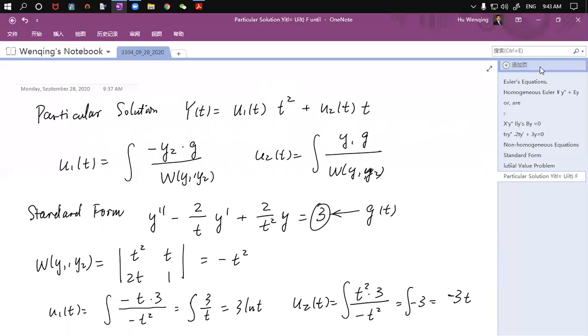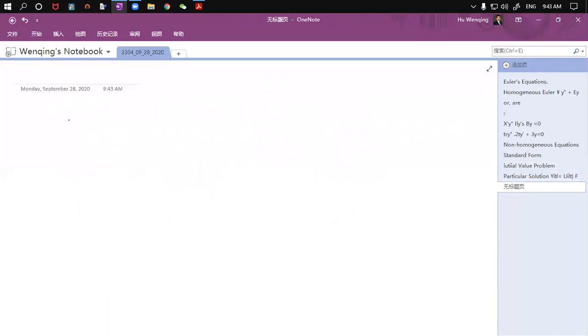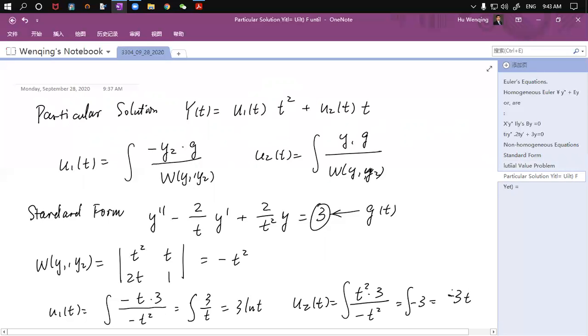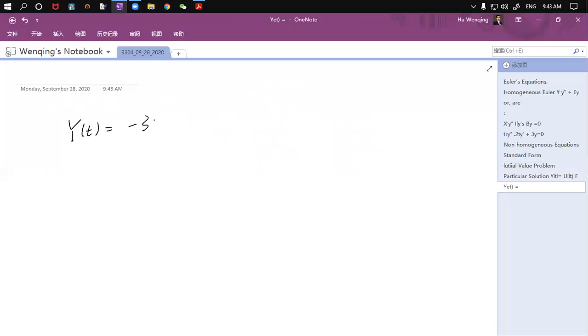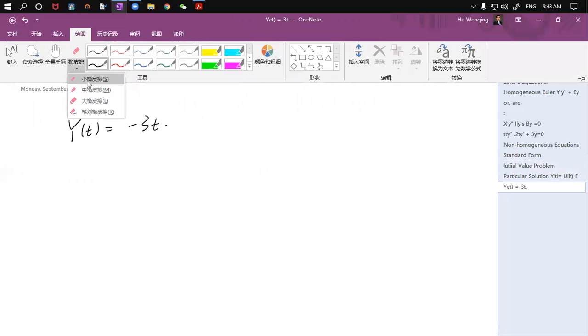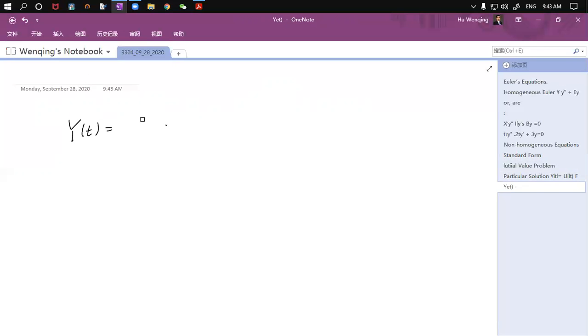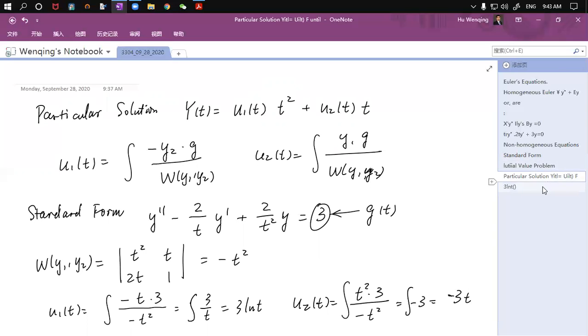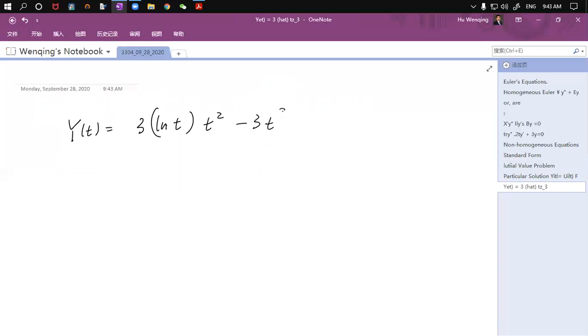As long as you have u1 and u2, you know that the particular solution, capital Y of t, is u1 times y1 plus u2 times y2. The u1 of t is 3 times the logarithm of t, multiplied by t squared, plus u2 of t, which is minus 3t, multiplied by t.